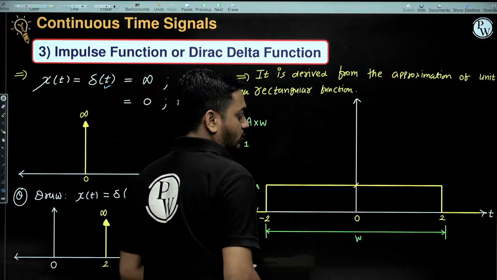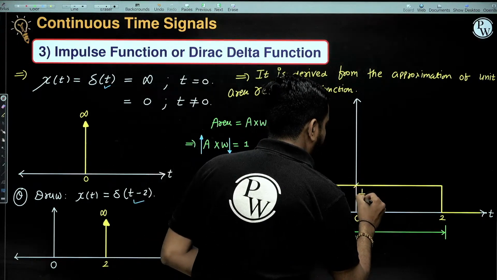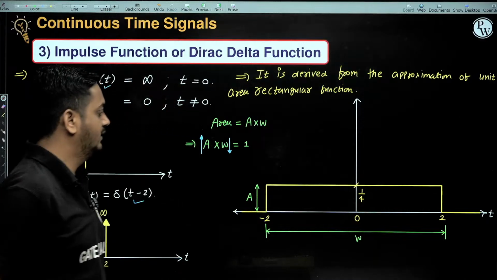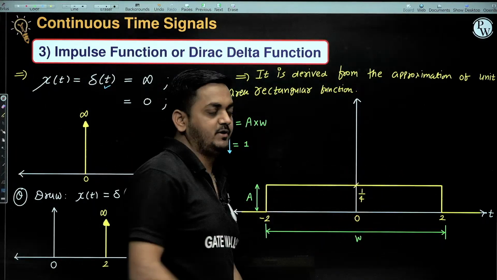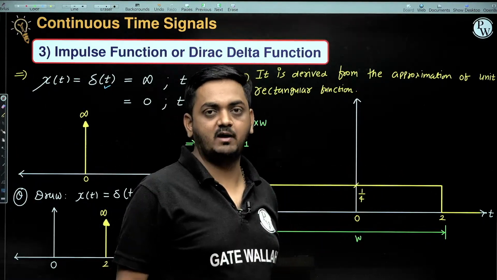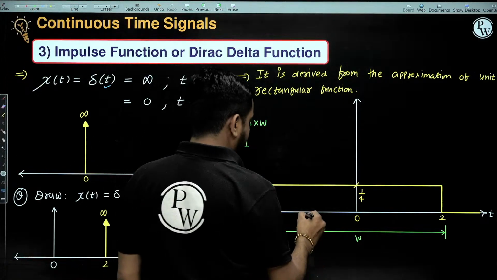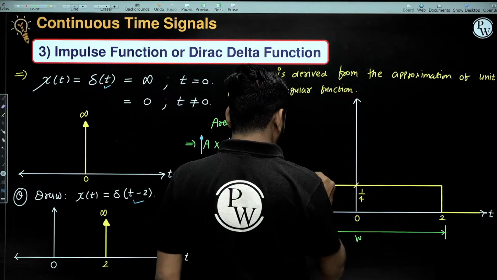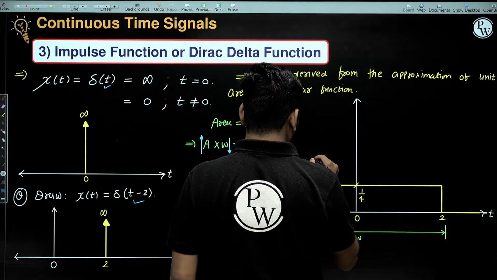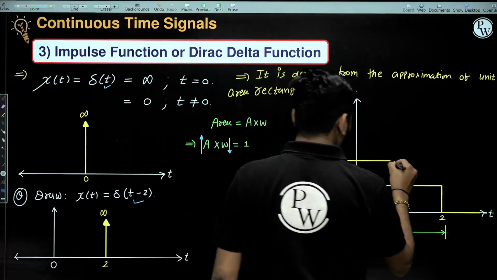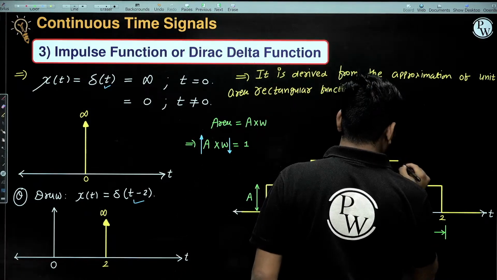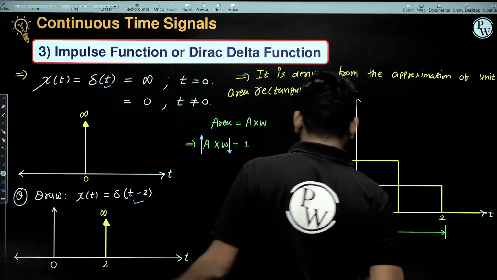Width is 4, so amplitude will be 1 by 4 to make area 1. If width is 4, then amplitude should be 1 by 4. Now I am decreasing this width. Suppose now I am taking half width, then amplitude will be double.